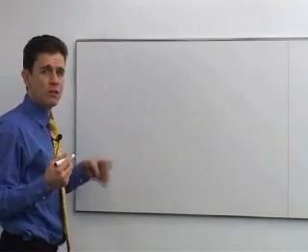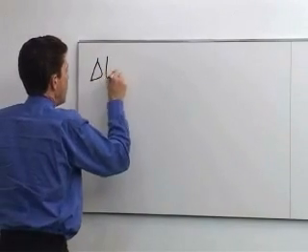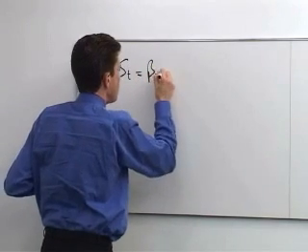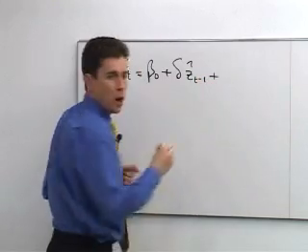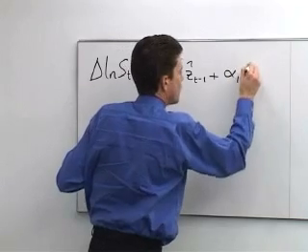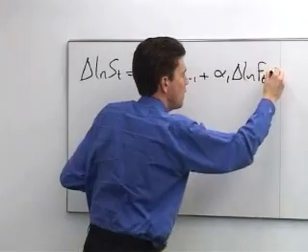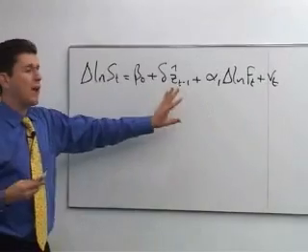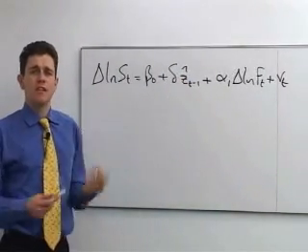The error correction model that you might have expected could have been something like delta log S_t equals beta 0 plus delta z hat t minus 1 plus, let's say, alpha 1 delta ln F_t plus some disturbance term, for consistency let's call that v_t. So this might have been the error correction formulation that you might have expected given what we've said before.